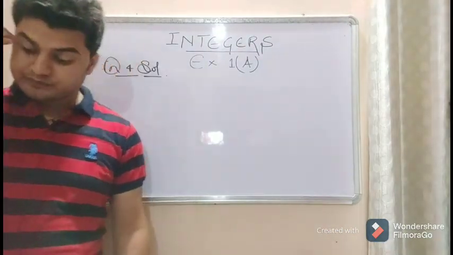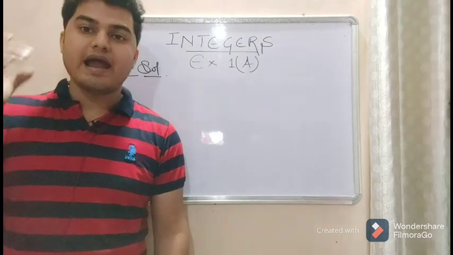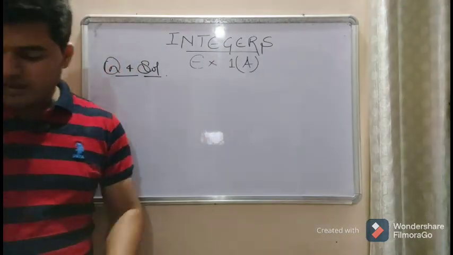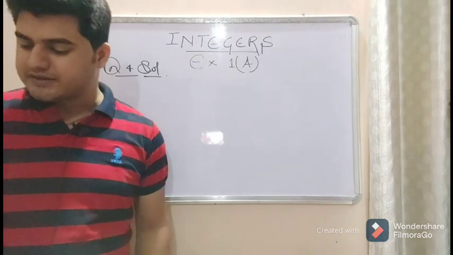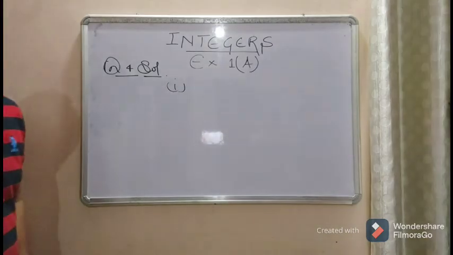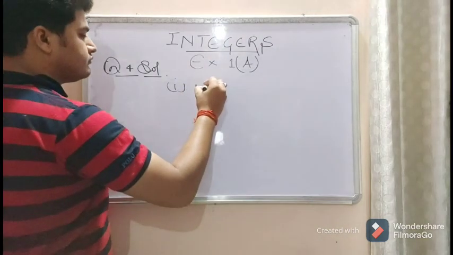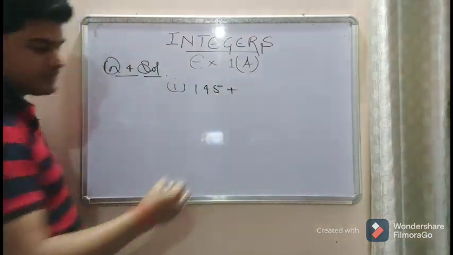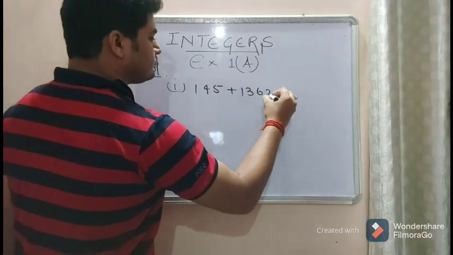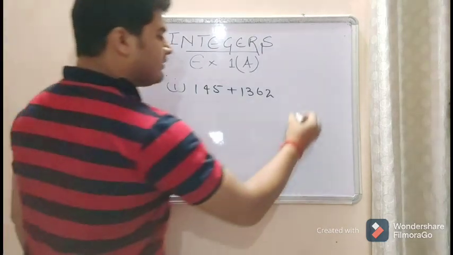Question number 4 says add the following. You have to do the work of addition over here. I am taking the first part. There are 6 parts. The first part is 145 plus 1362. So you have to add them.